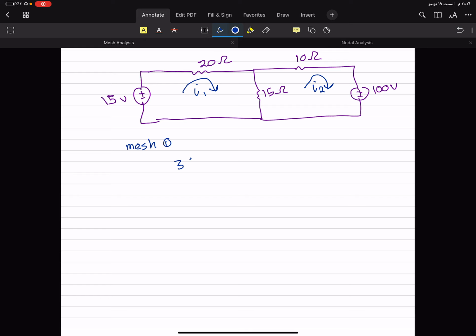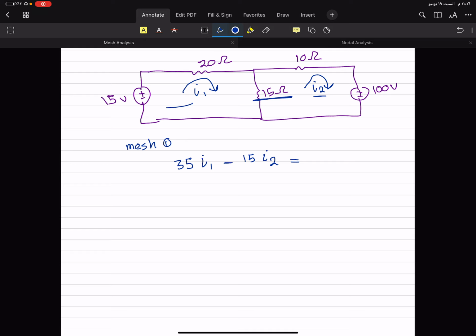So I have 35 multiplied by I1 minus the mutual resistance, which is 15, multiplied by the current of the adjacent mesh. So it'll be minus 15 I2 equals the opposite side of the battery.